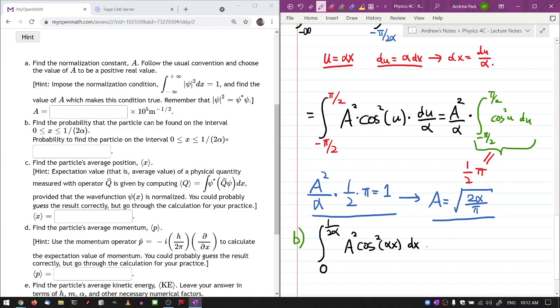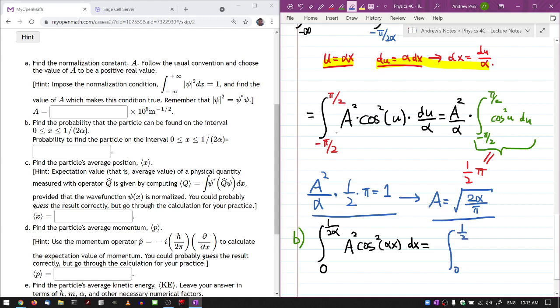I should imagine doing the same u substitution as before, because this will again help me simplify the expression so that the resulting integral is doable, even on a less sophisticated computer algebra system. With that substitution, my limit of integration becomes from 0 to 1 half, since 0 times alpha is 0 and 1 over 2 alpha times alpha is 1 half.